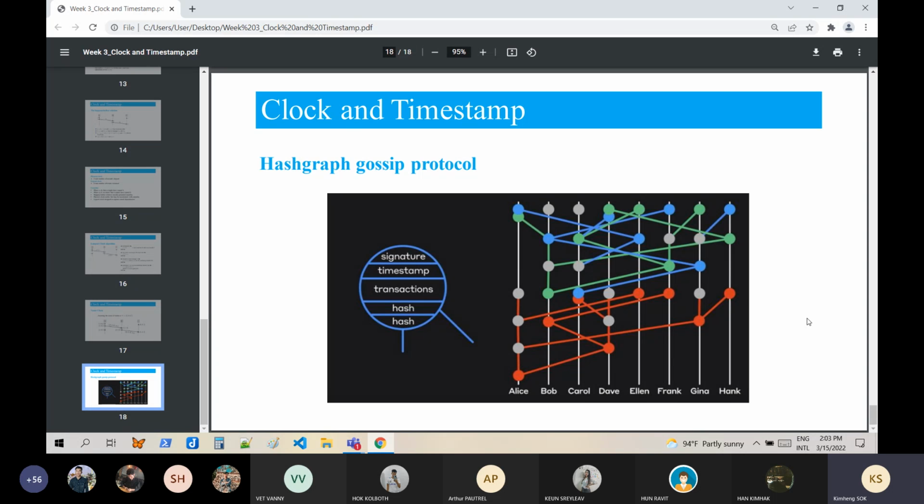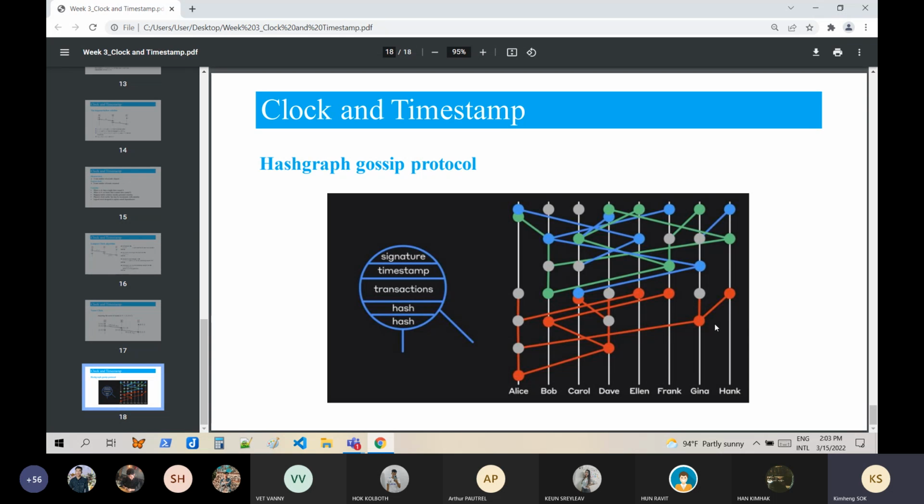But if the event is just happening, we don't know which one came first and which one came last. It is in another state, like a blue or green state. Those are just like pending data. We will talk more about this when we learn about blockchain technology, because a hashgraph is one kind of blockchain. In this diagram, I just would like to show you how the logical clock works.